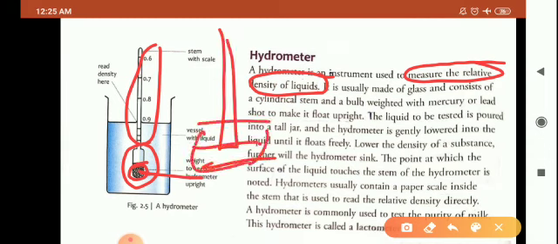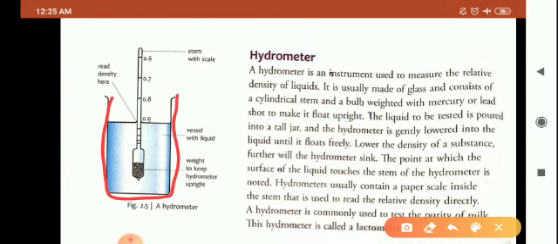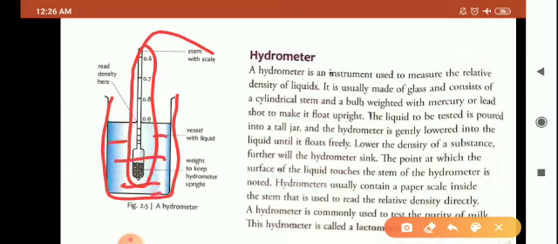Okay, then the liquid whose relative density we need to determine is poured inside a tall cylindrical jar, and then gently we lower this hydrometer in that particular liquid until it floats freely inside that liquid. And as soon as it floats freely inside that liquid, we record the reading where the surface of the liquid touches the cylindrical stem of this hydrometer.